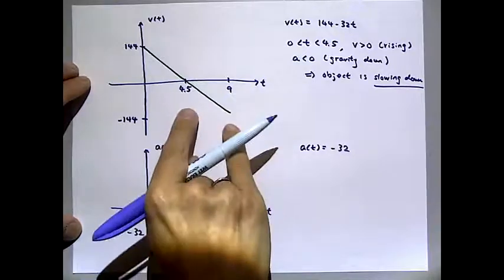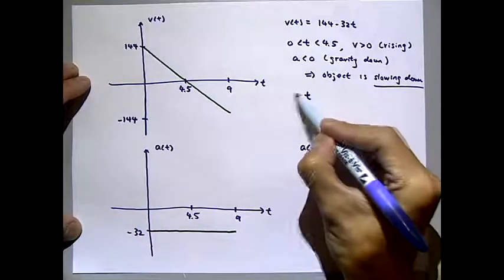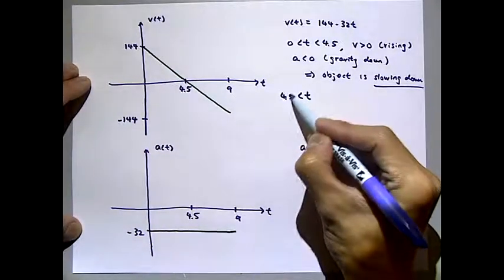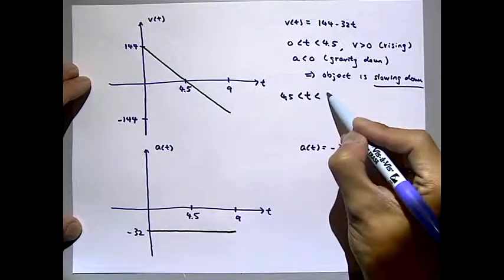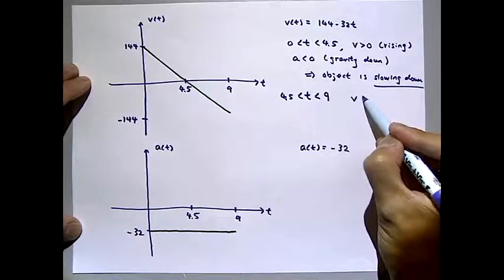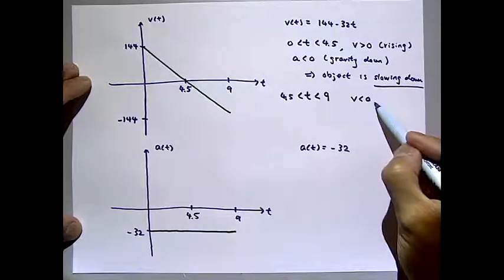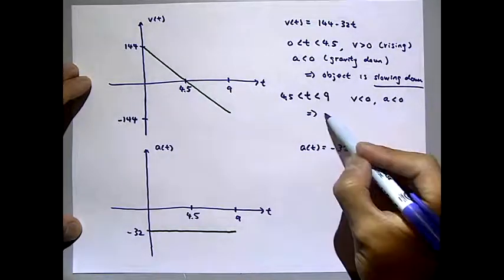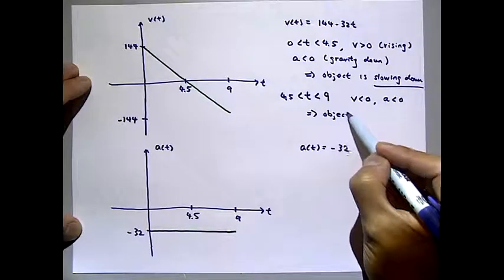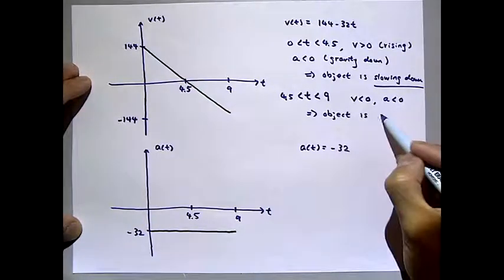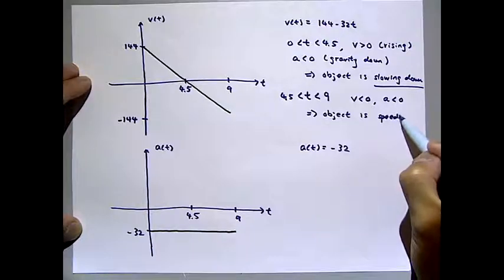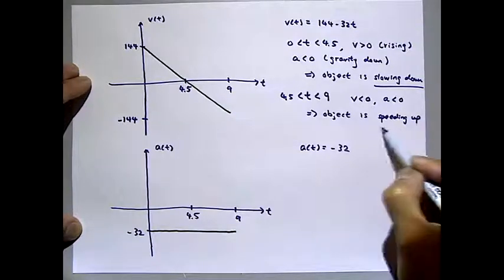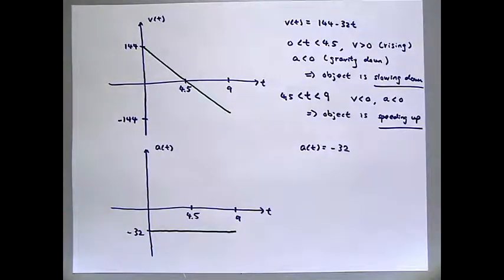Now, on the second half of this motion, between 4.5 and 9, velocity is negative. Acceleration is also negative. We notice that the object is speeding up. Right? We all know what happens when you drop something from a height.